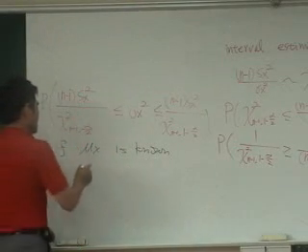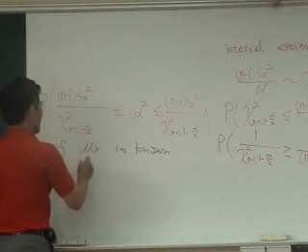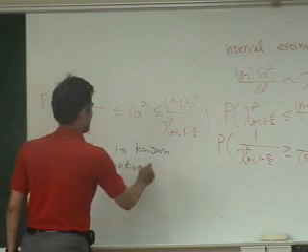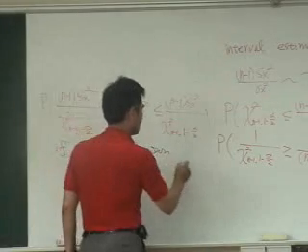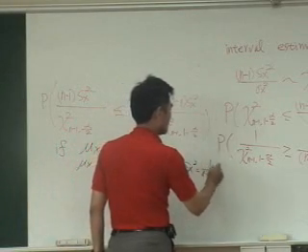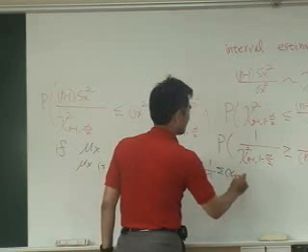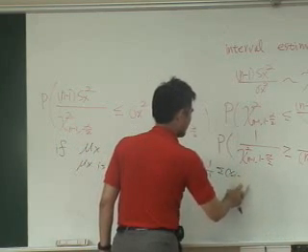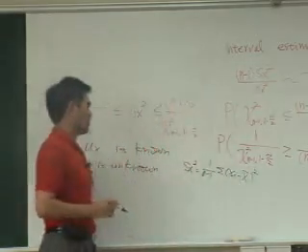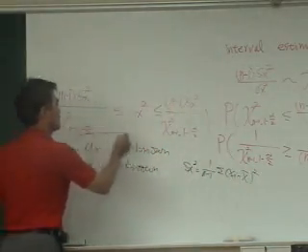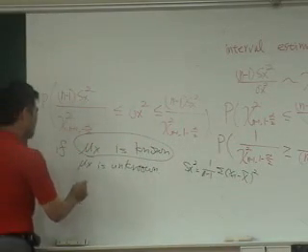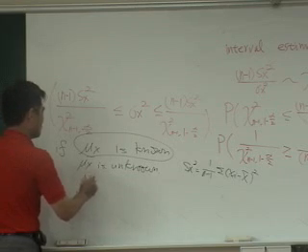When mu x is unknown, you use s squared, which is equal to 1 over n minus 1 summation of xi minus x bar squared. But if mu x is known, then you need to use sigma hat squared.